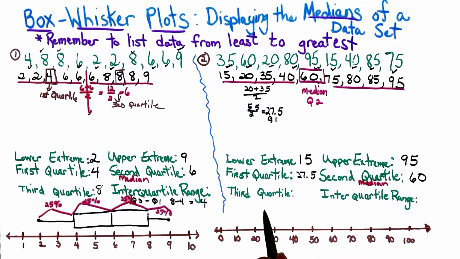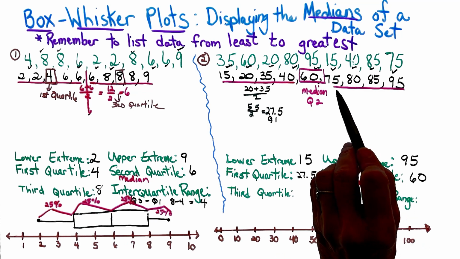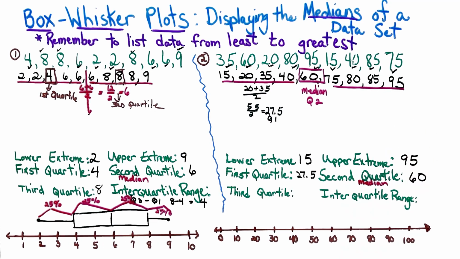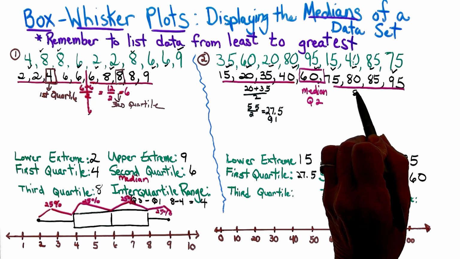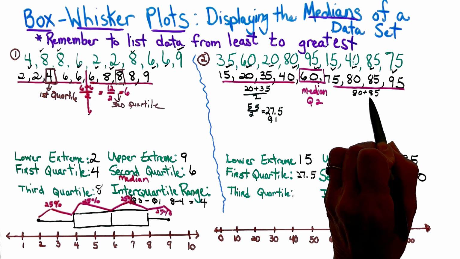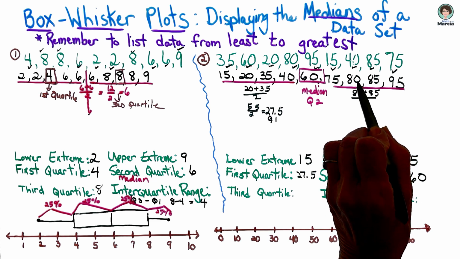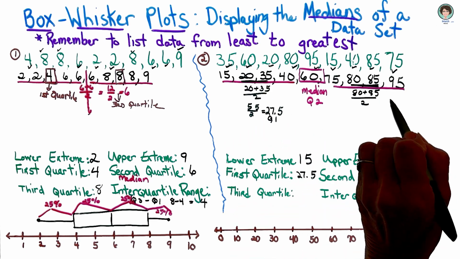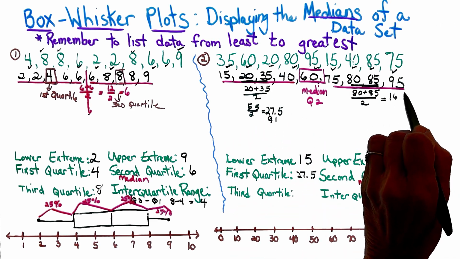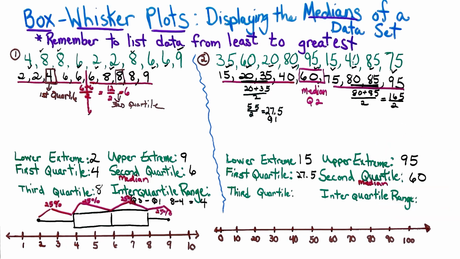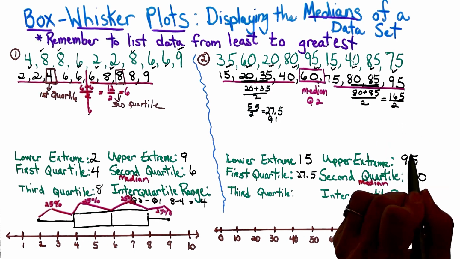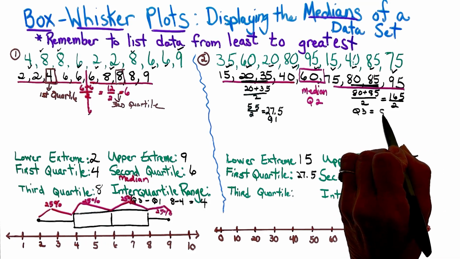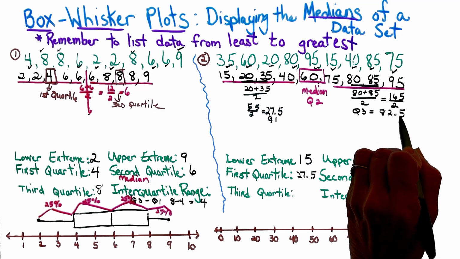All right, now we're going to find the third quartile. In the third quartile, again, I'm going to add 80 plus 85. And I divide it by 2 because here is my middle of those, just like this was my middle. And I end up with 165 divided by 2. And when we do that math, our quartile Q3 is going to be equal to 82.5.